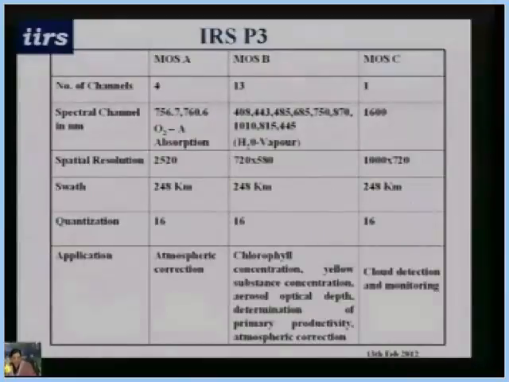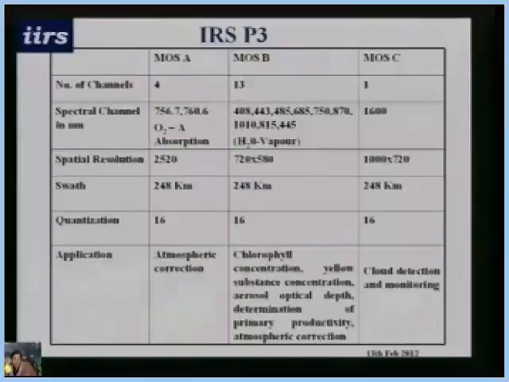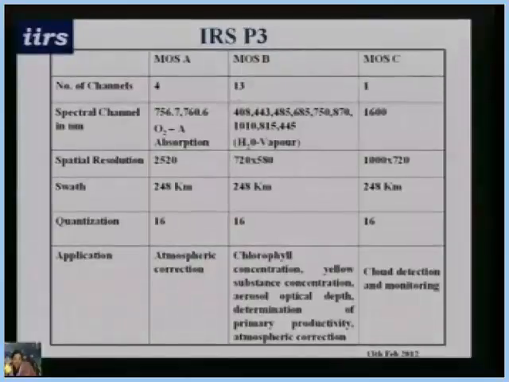Then initially, India also launched another instrument which was on board IRS-P3, which is called Modular Optoelectronic Scanner, which had 3 instruments, MOS A, MOS B, MOS C, which was primarily designed for ocean and atmospheric applications, where we had spectral channels designed with the spectral resolution required for atmospheric and ocean studies.